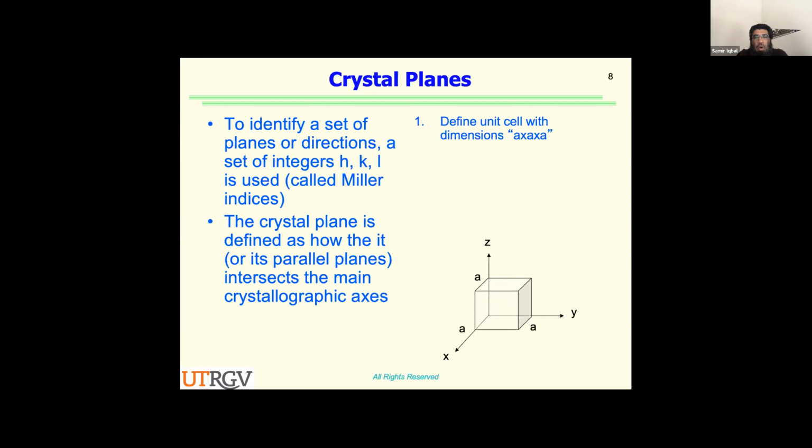What is small a? We call its length the lattice constant. You guys have to remember these things. Lattice constant. What is the significance of the lattice constant?